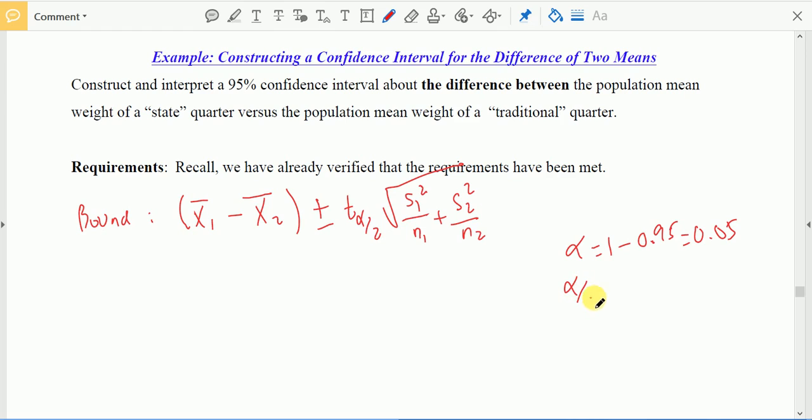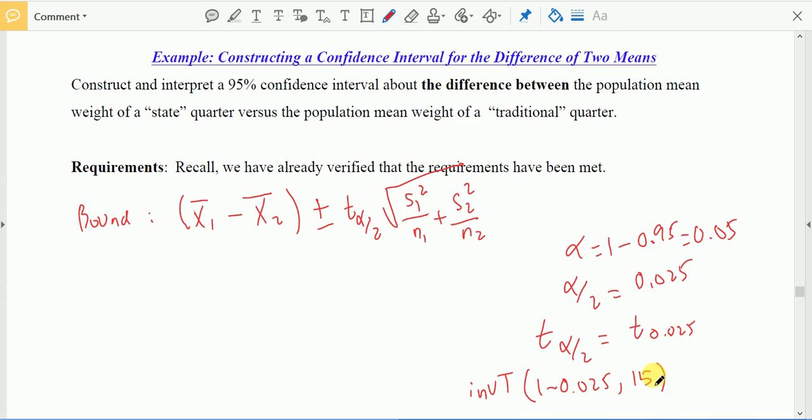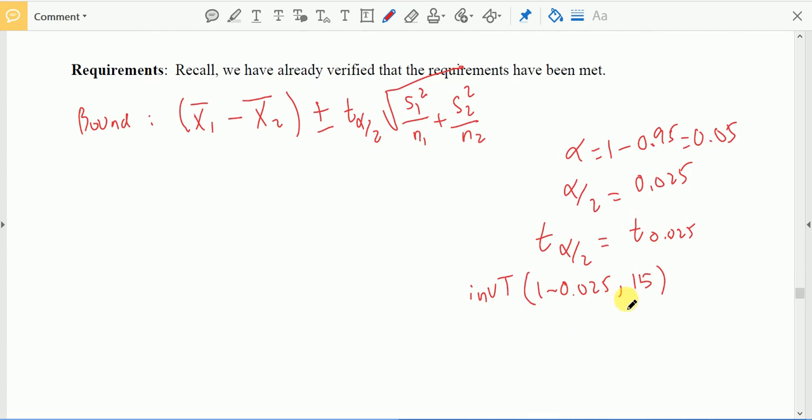Then alpha over 2 is 0.025, and we're looking for t of 0.025, which is just the inverse t of 1 minus 0.025. The degree of freedom is 15, the smaller of n minus 1, and this should give you around 2.13.